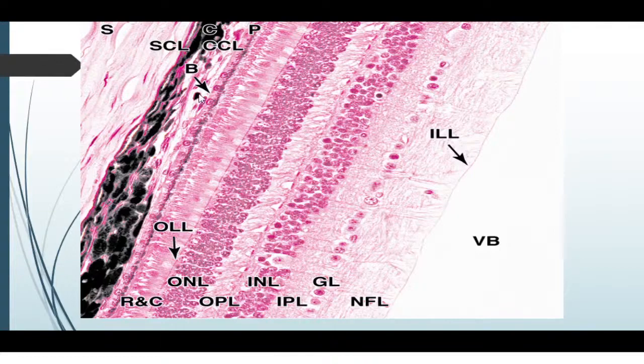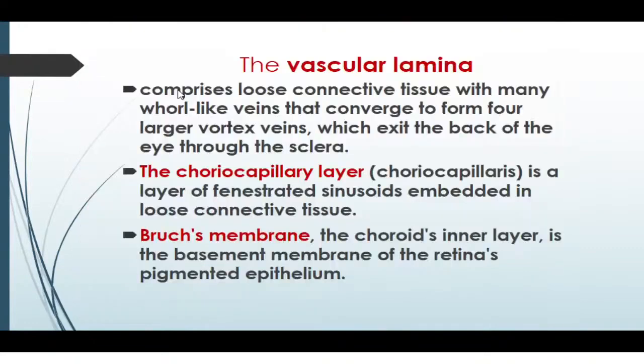Next will be the retina. Ten layers of the retina are very well visible, but we will discuss them later. The vascular lamina comprises loose connective tissue with many vein-like vessels that converge to form four larger vortex veins, which exit the back of the eye through the sclera.